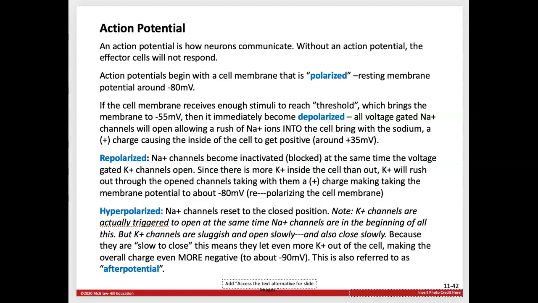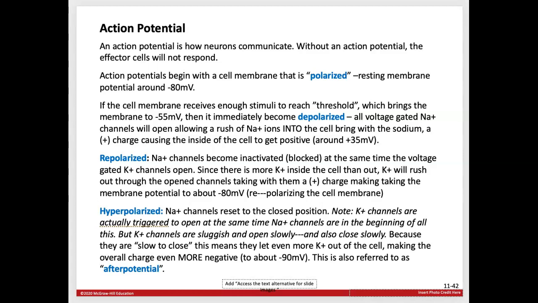Once they're blocked, the sodium is no longer rushing in. At the same time, those voltage-gated potassium channels open, and since there's tons and tons of potassium inside of the cell, potassium will rush out through those open channels, taking a positive charge with it and bringing the membrane potential back down, essentially repolarizing the membrane.